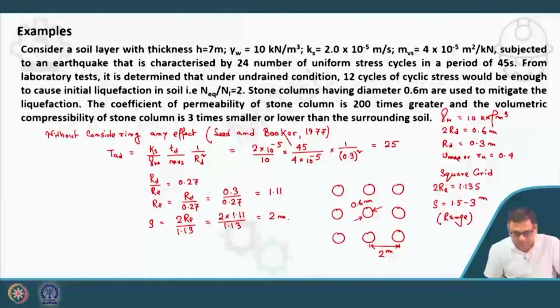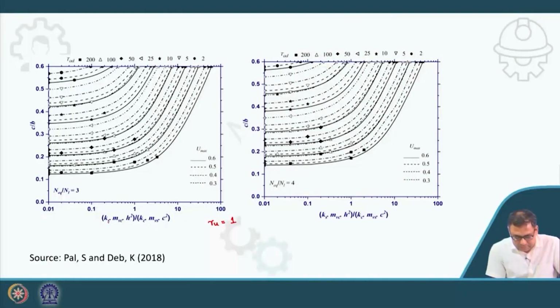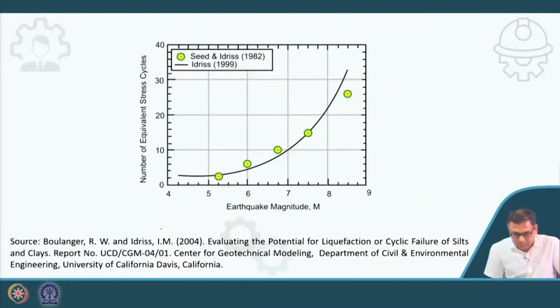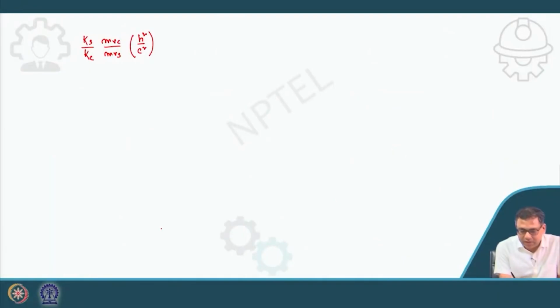There is Ks divided by Kc, MBC divided by MBS, H square by C square. Clear? So we have to calculate that. So now here C is equal to 0.3 meter, because C is equal to 2 DC.